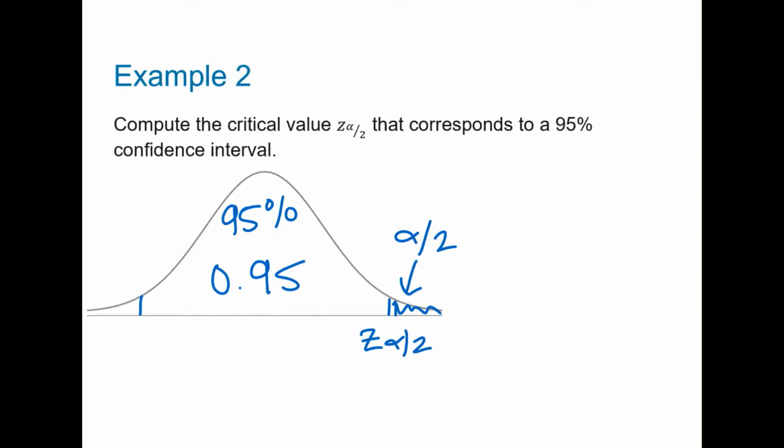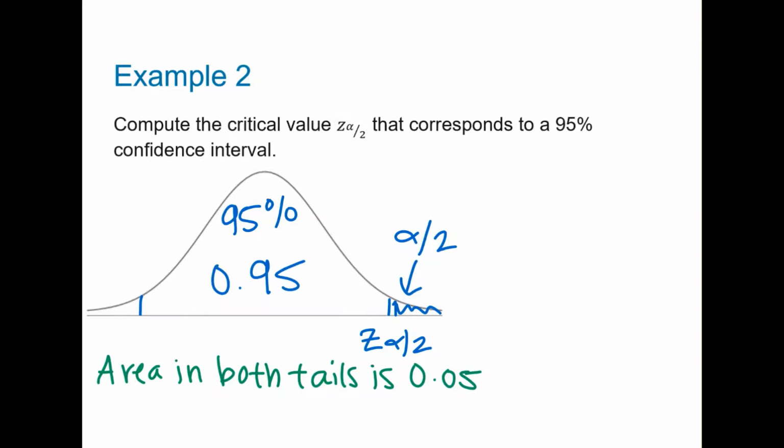So if we have 0.95 in the middle, that means that the area in the two tails is 0.05. However, we don't want the area in both tails, we want the area in the right tail only. The tails will have the same area, so if both of them together have an area of 0.05, this means that the area in one tail will be 0.025.